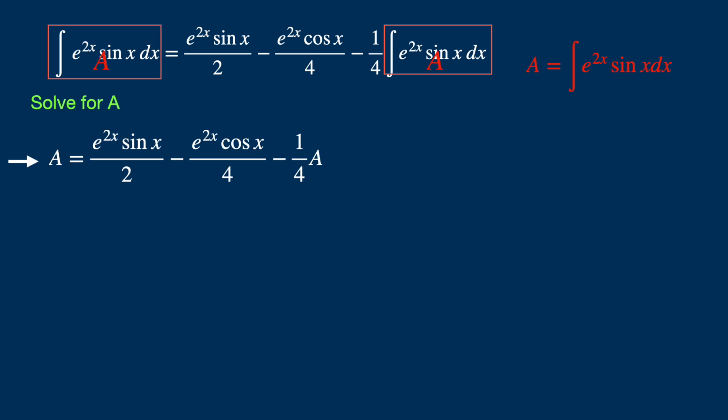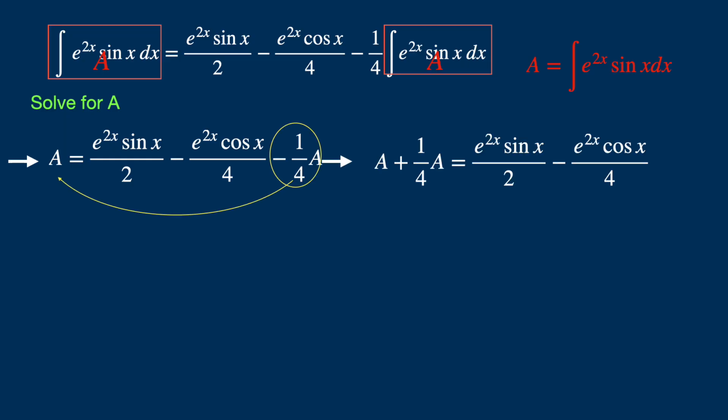So solve for A. Look at this equation. A equals e to the 2x sine x over 2 minus e to the 2x cosine x over 4 minus 1 and a half A. Solve for A. Move the negative 1 over 4 A to the left side. Then you have A plus 1 over 4 A equals e to the 2x sine x over 2 minus e to the 2x cosine x over 4.